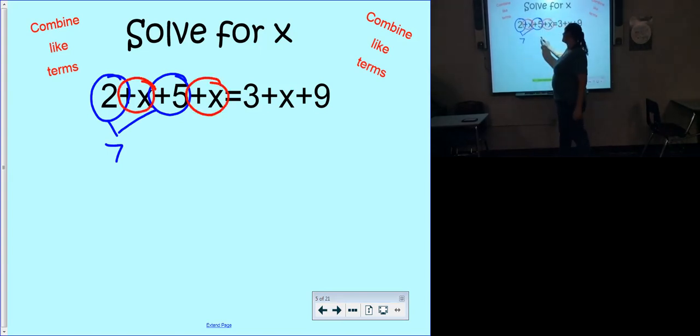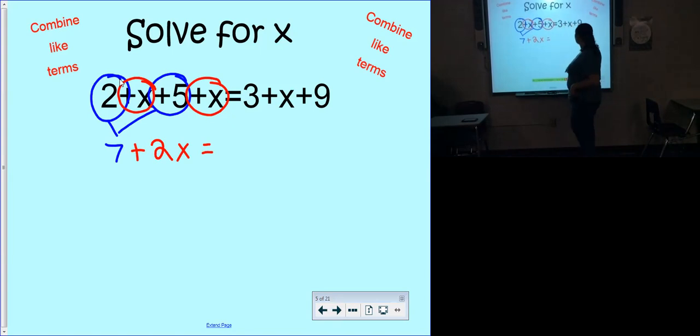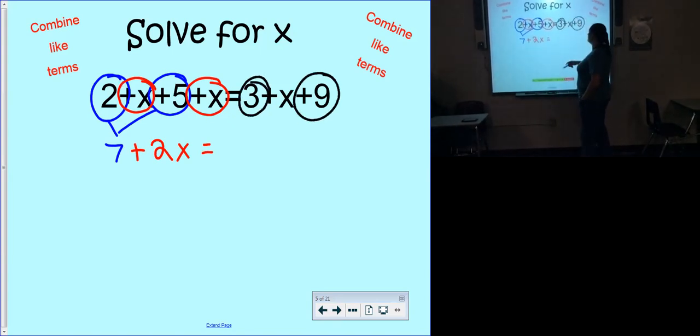I have x plus x, which gives me 2x. And then on the right-hand side, I have a 3 and a 9, two constants, add up to give me 12 plus x.